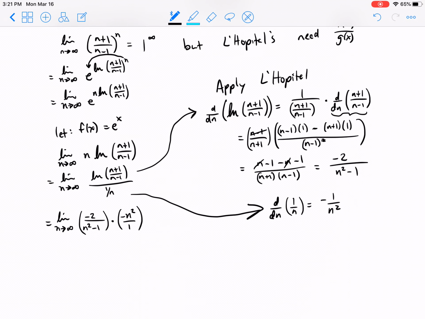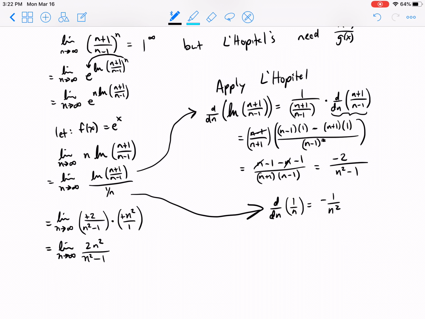And at that point, I can go ahead and start putting this together. The negatives will cancel, and the 1 will cancel, and we end up with the limit as n goes to infinity of 2n squared over n squared minus 1.